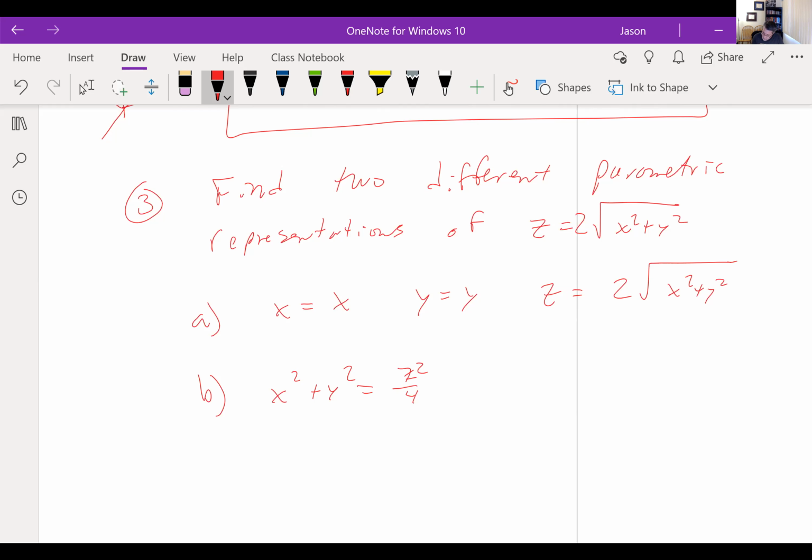So parametrized 2 different ways. R is our vector field.